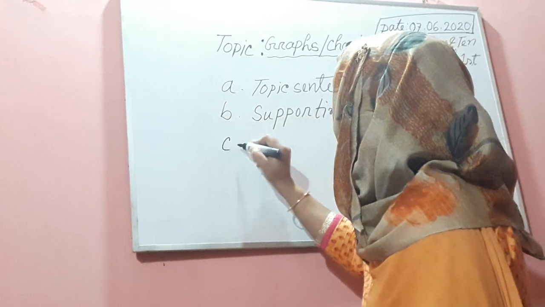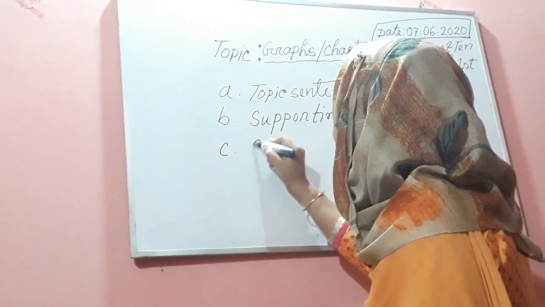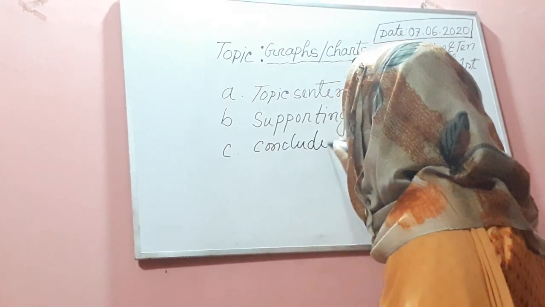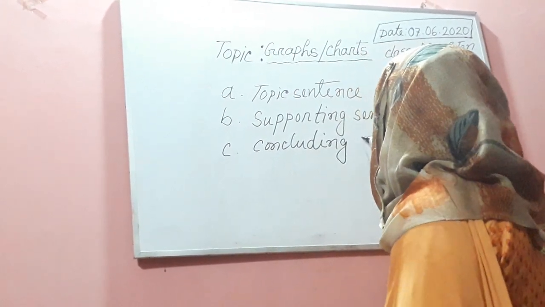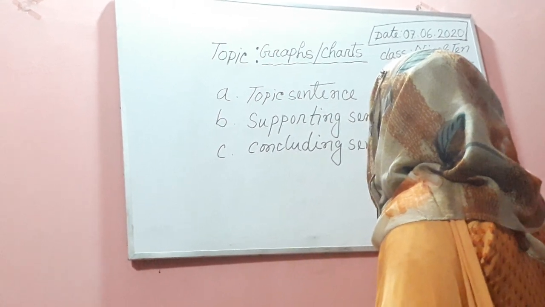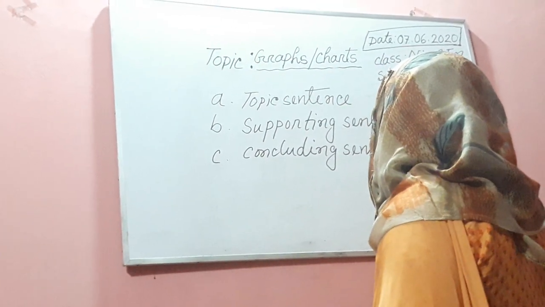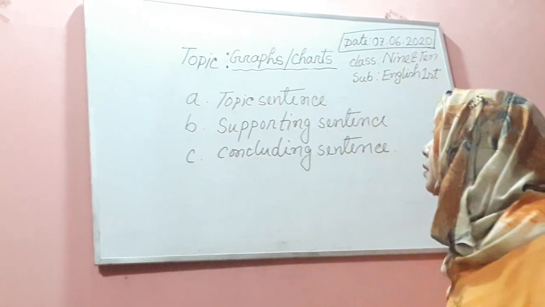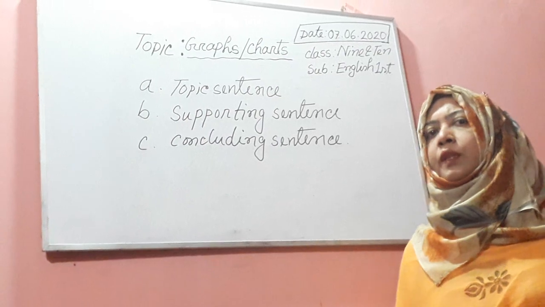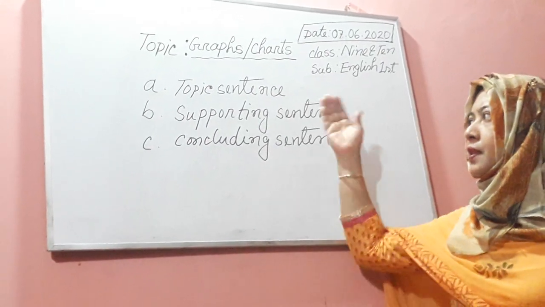And last of all, you will have to write the concluding sentence. To describe a graph and chart, you would have to follow these three steps.